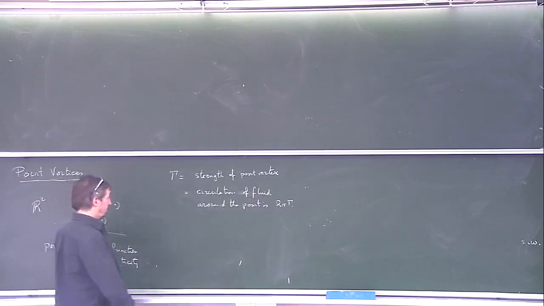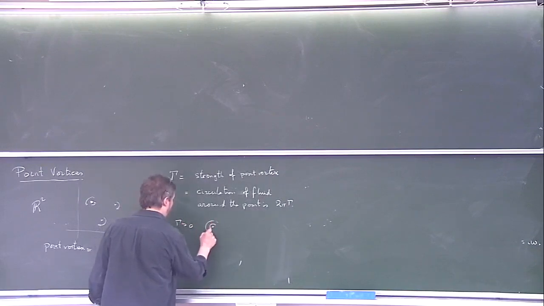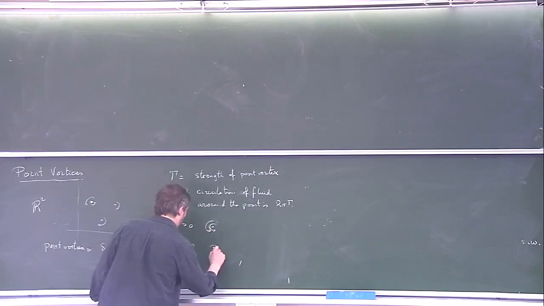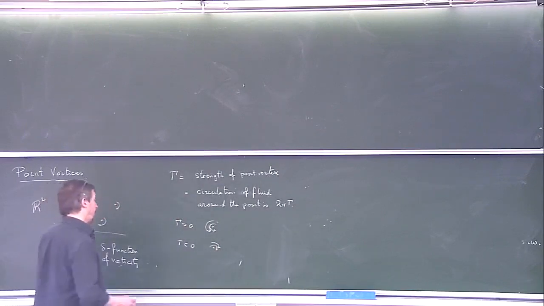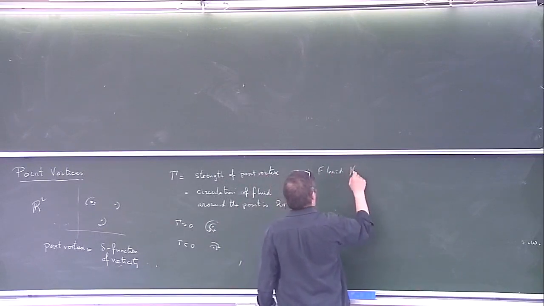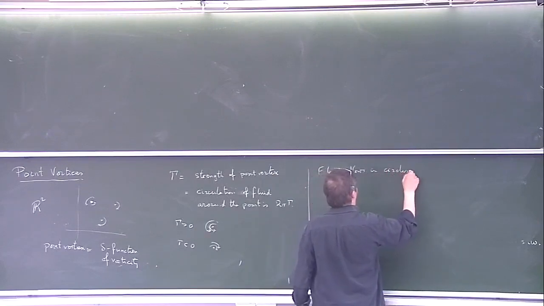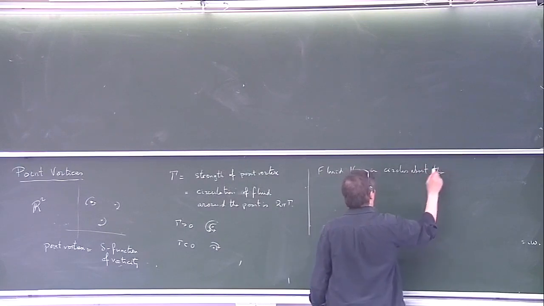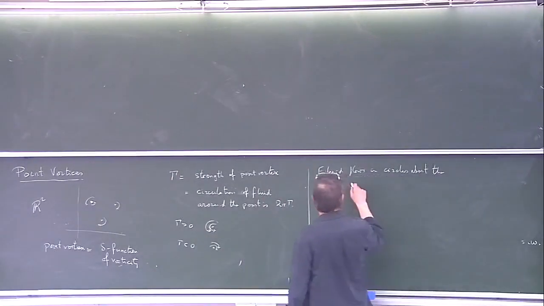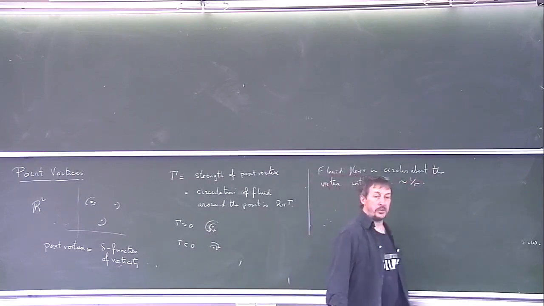In the positive direction. So if gamma is negative, so fluid, it flows in circles with speed one over the distance.